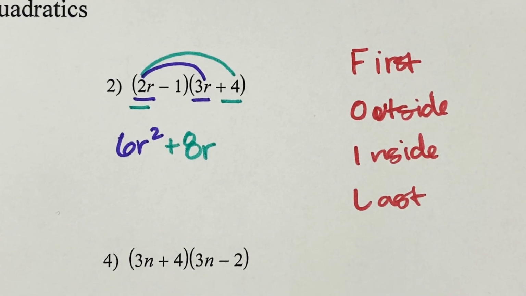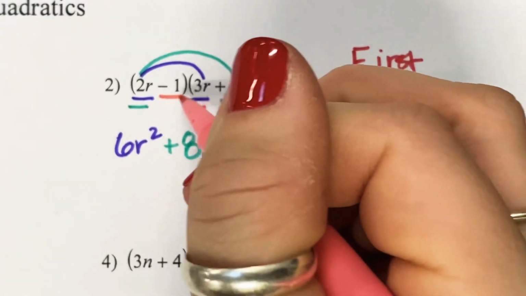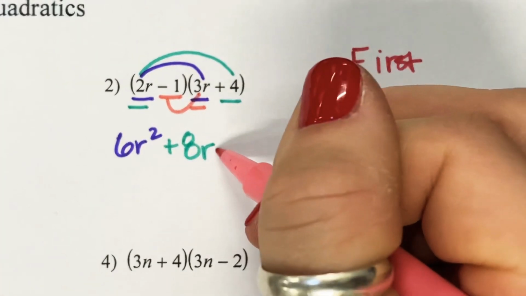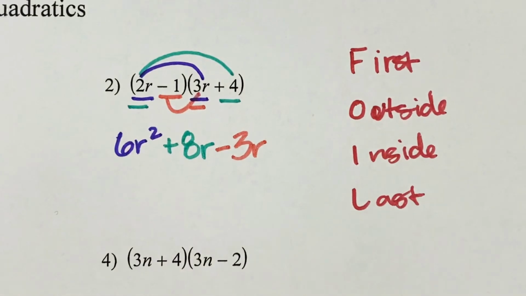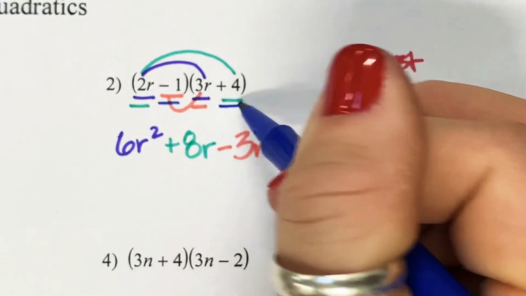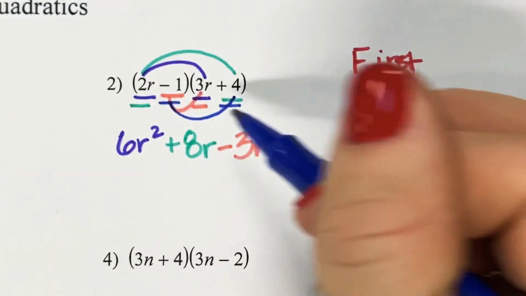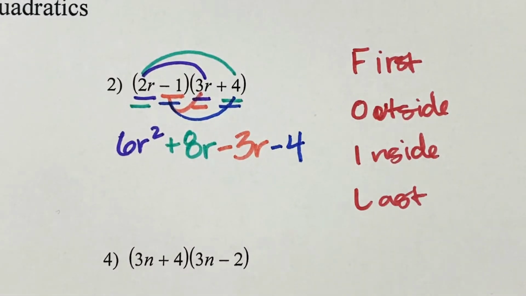Okay, now we need to do our inside. Negative 1 times 3r. Negative 1 times 3 is negative 3, and there's 1 r. Okay, and finally our L for last, negative 1 times positive 4. So negative 1 times positive 4 is going to give me negative 4.